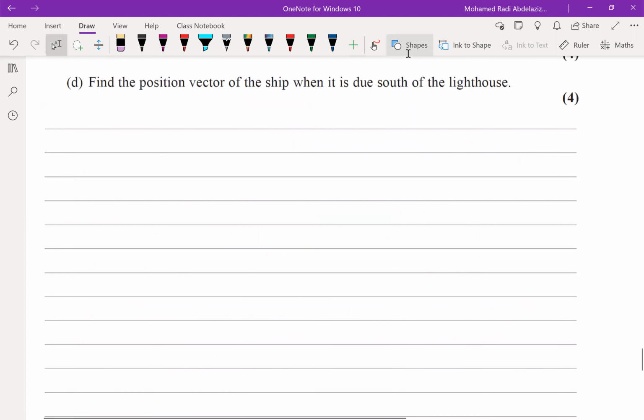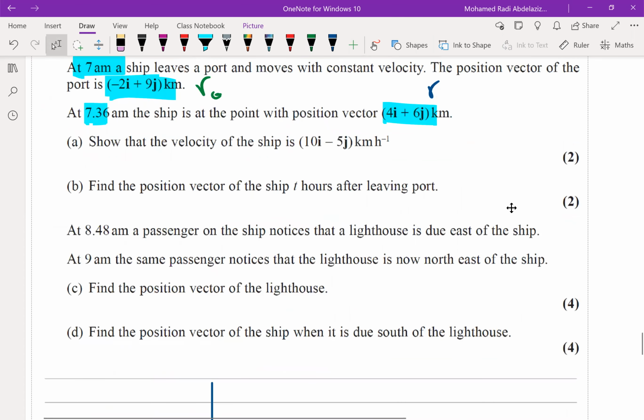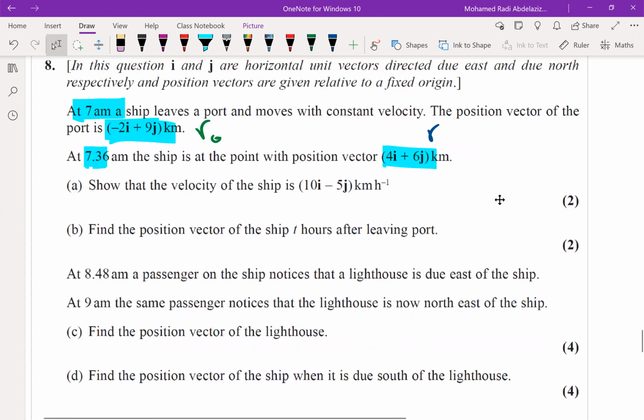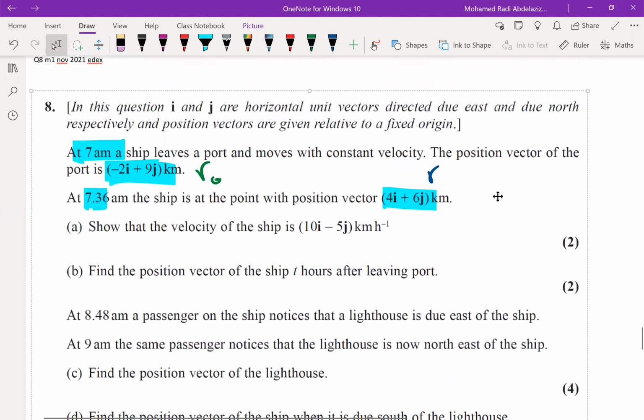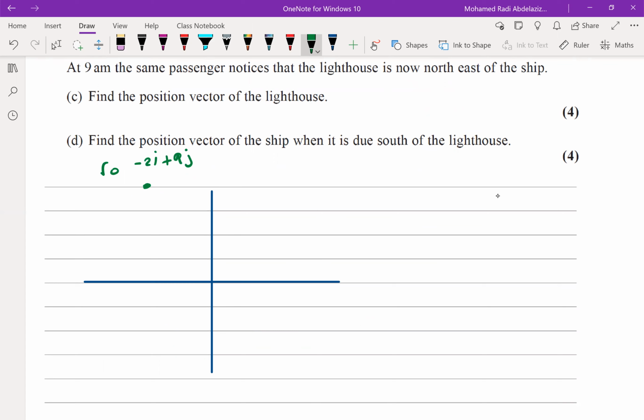It's better to show that in the XY plane. The ship started from the initial position at 7, which is -2 and 9, so -2i and 9j.